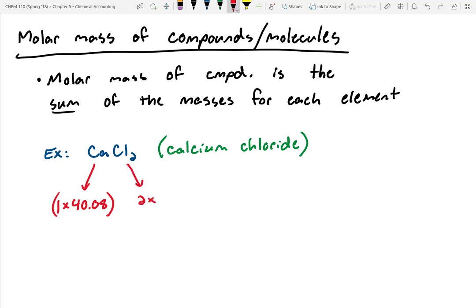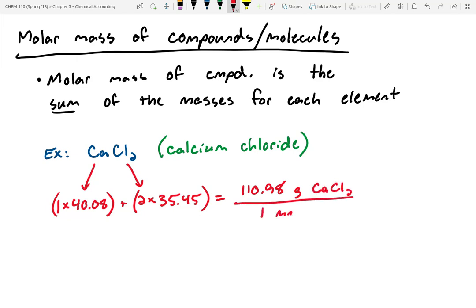So I'd say, all right, each of those chlorines has a mass of 35.45. And then once you figure both of these out, add them together. And this works out to be 110.98 grams of calcium chloride per 1 mole of calcium chloride.